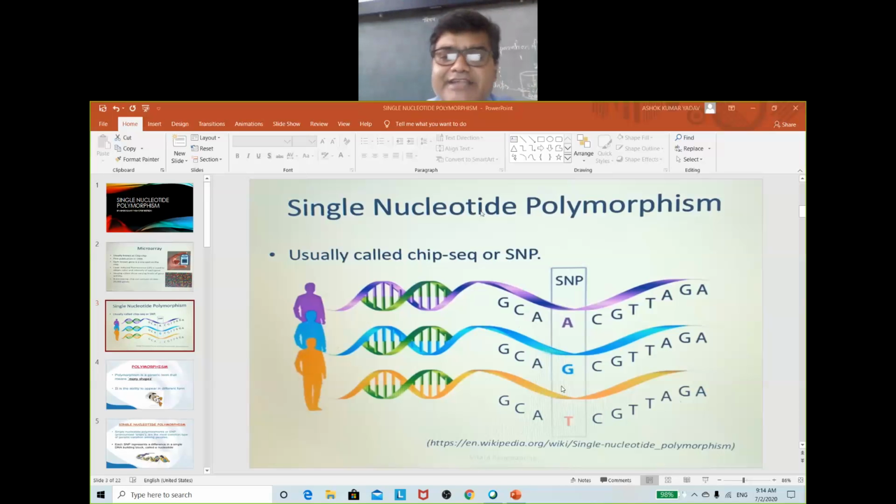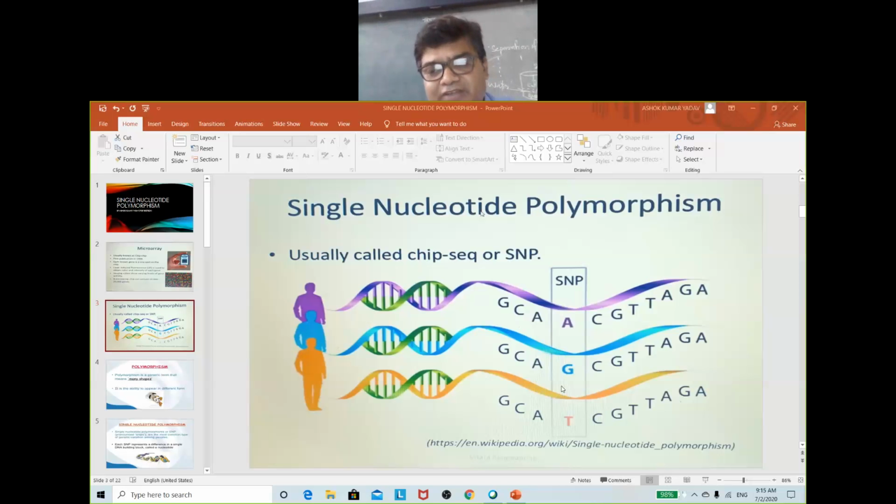So generally the SNP map gives the clue or predicts the response to drugs, the medicine the doctor prescribes. The same medicine can affect differently patient to patient. The first patient needs a higher dose, the second patient needs a lower dose, of the same medicine I am talking about, and the third patient needs a medium dose. So this is the effect, the response of the drug. How can the doctor predict what dose of medicine should be given for treatment of a particular disease?